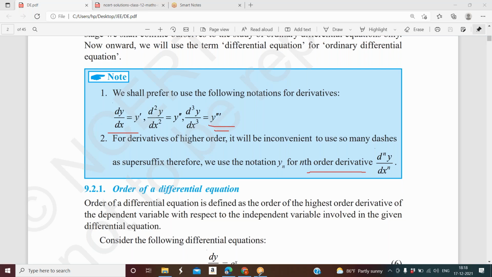Next is the order of a differential equation. The order of a differential equation is defined as the order of the highest order derivative of the dependent variable with respect to the independent variable involved in the given differential equation.